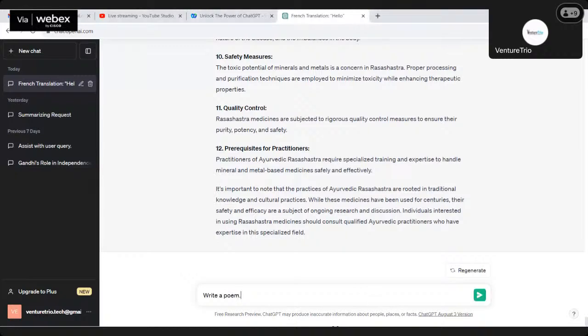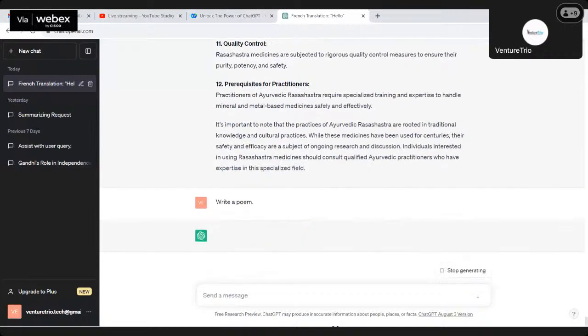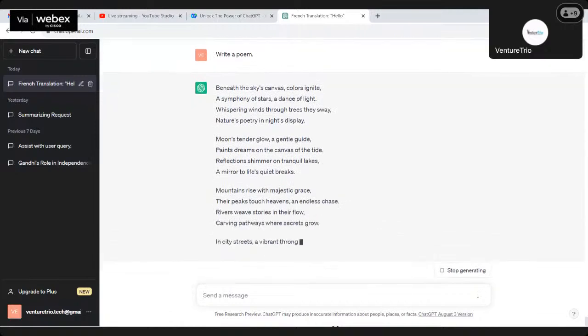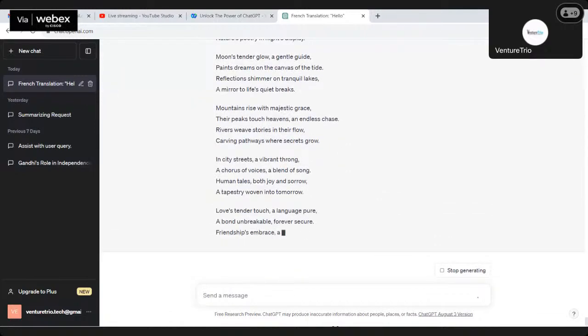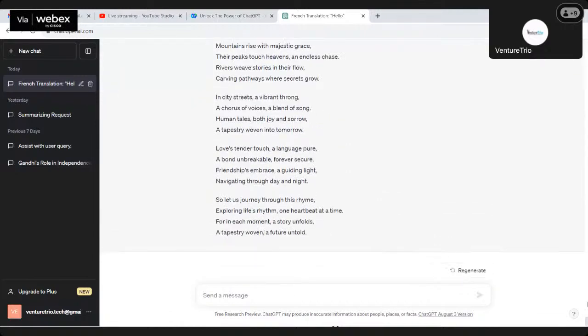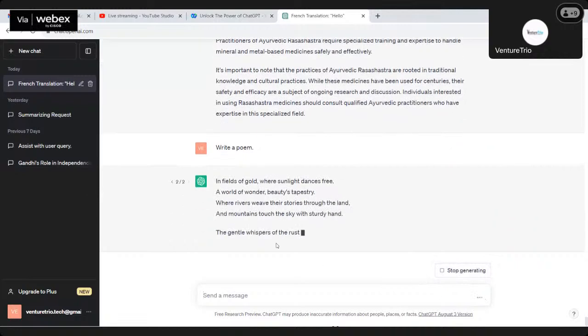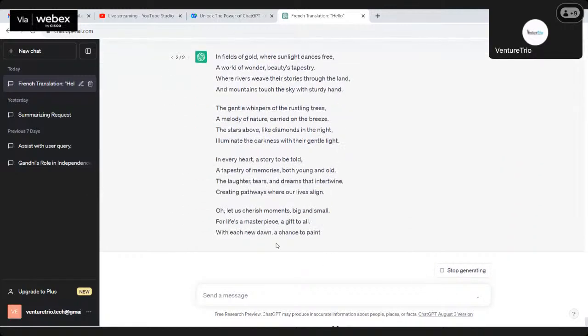Write a poem. A simple prompt. General question. It will provide a poetry. Regenerate. It says loading right now. Yeah. It will provide another poetry.